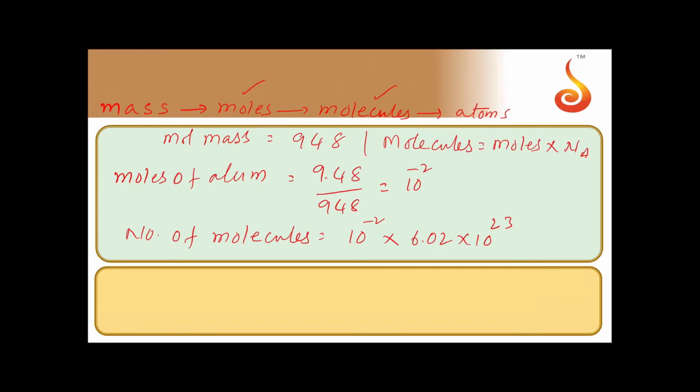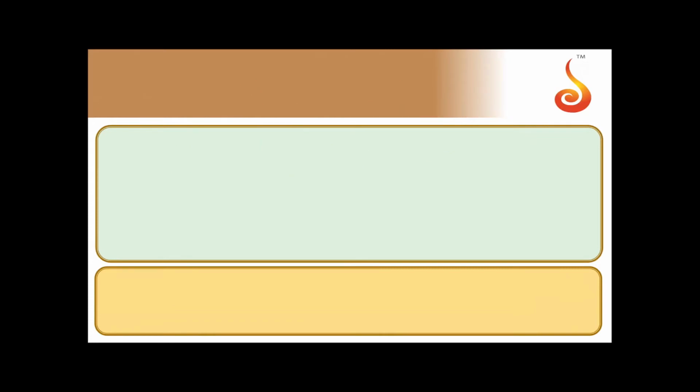Now comes the number of atoms of each type. For potash alum, K2SO4 is given, so there are 2 potassium atoms. Therefore, the number of potassium atoms will be equal to Avogadro's number, common to all of them, into 10 to the power of minus 2, which is the number of molecules, into 2.